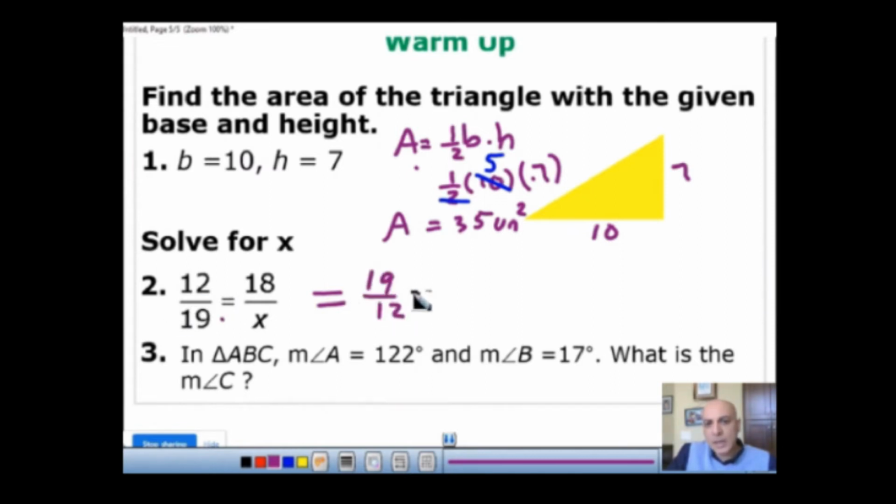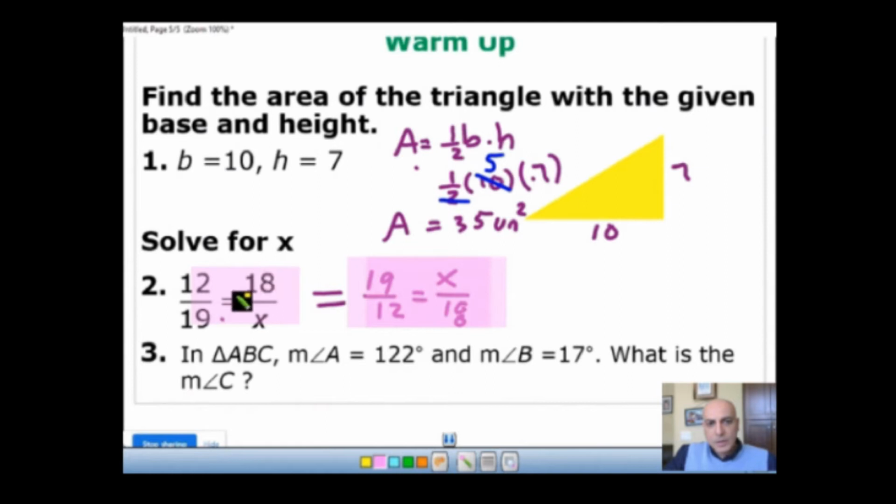These two are exactly the same proportion, equivalent. Always keep that in mind. This side is the same as this side. Just a side note that these two ratios are the same. You just flip, but you have to flip both of them, not just one. That should give you the same answer.